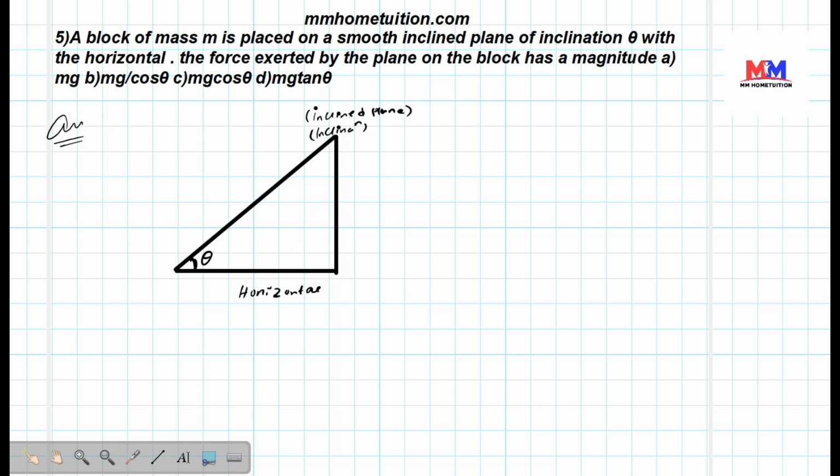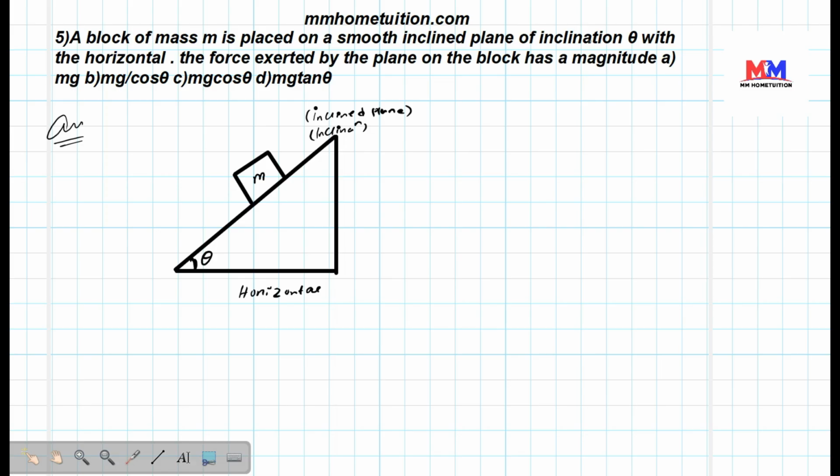So this is the block. The block of mass m is placed on an inclined plane with angle theta with the horizontal.